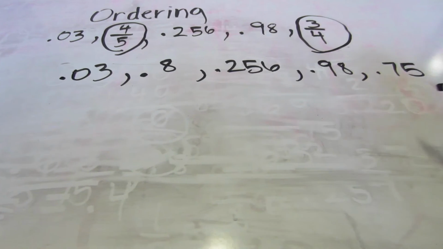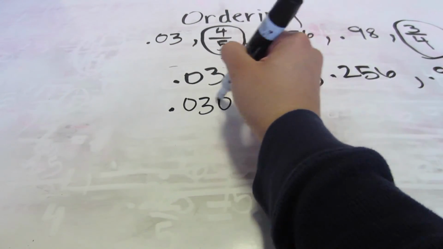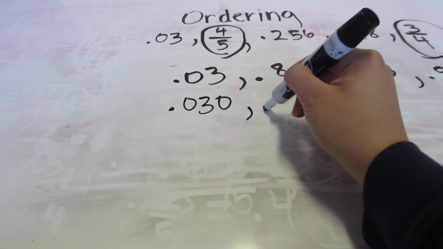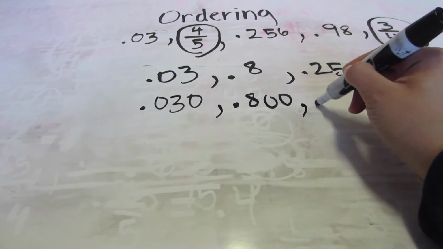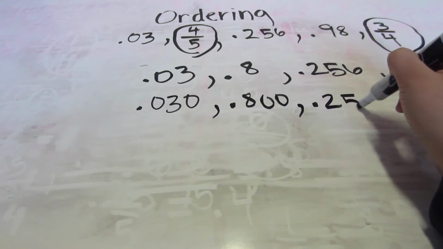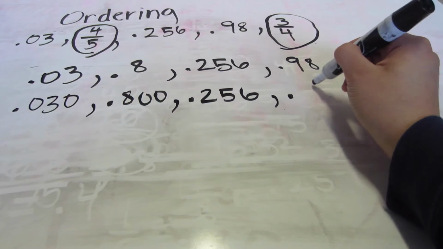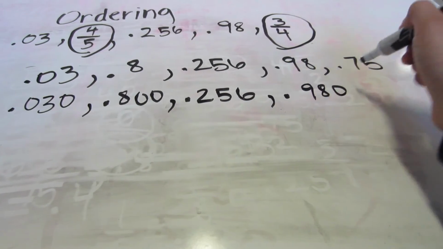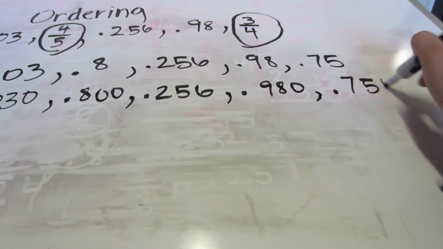So in this case, 0.03, we add a 0. Then 0.8, we add 2 zeros. This one already has 2 digits after the decimal point. And to 0.98, we add 1 0. And 0.75, we add 1 0.